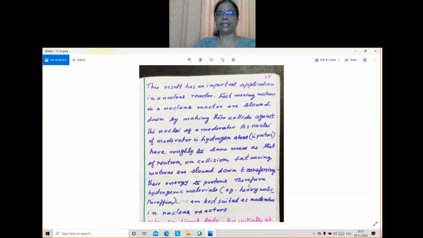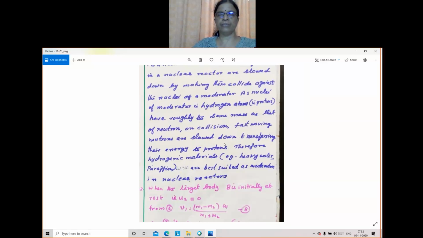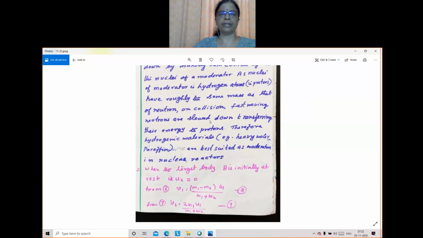Nuclear fission. What is a fission reaction? When a heavy nucleus of uranium is bombarded with a slow-moving neutron, a large amount of energy is created. That you will study later in detail. Now we want to know how the fast-moving neutrons are slowed down by passing through these moderators. They exchange their velocity. That principle is used. Okay.